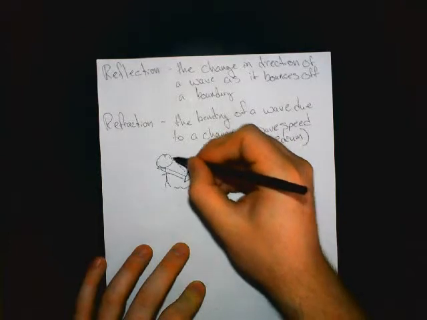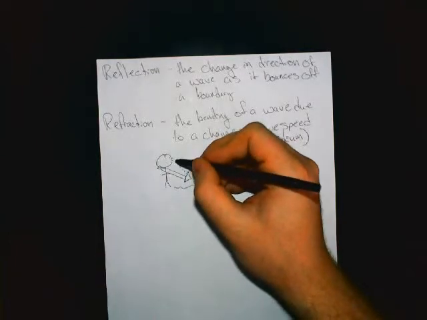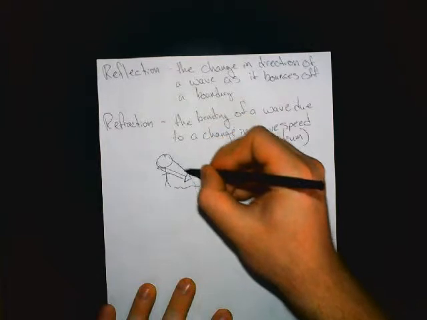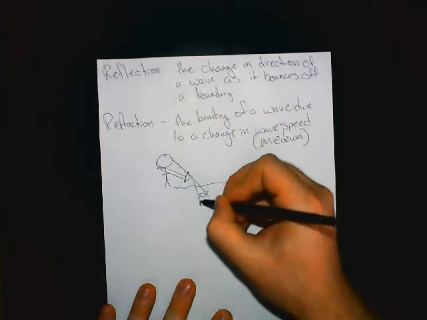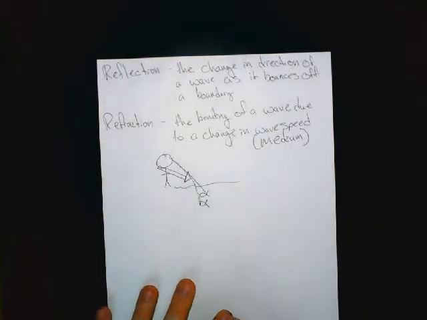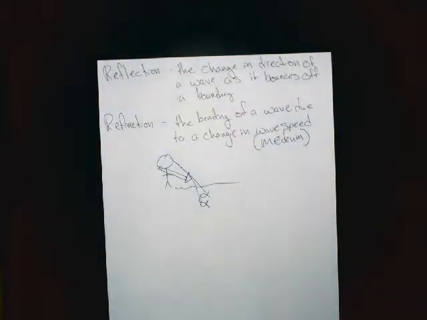So while it looks like the fish is here, it's really emitting its light from much lower. Okay? So refraction: change in the path of a wave due to a change in wave speed.